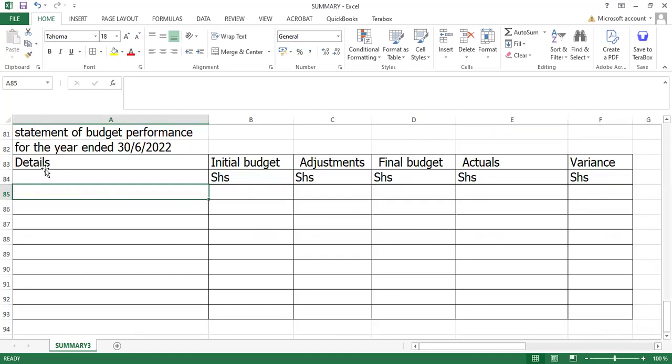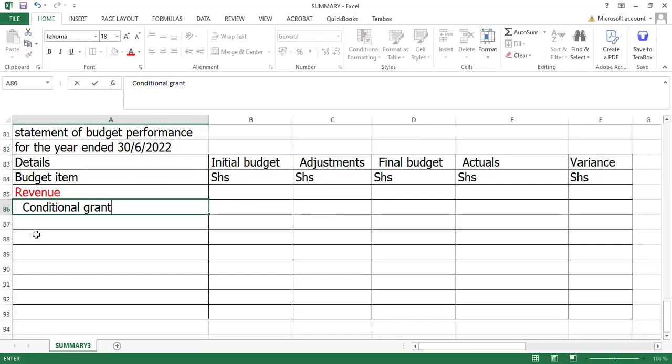So as you do this, your details are your budget items. You have the revenue. Whatever you do, you need to start with revenue. And the revenue we have in this question is only the conditional grant.